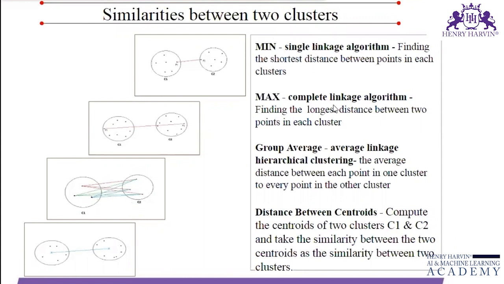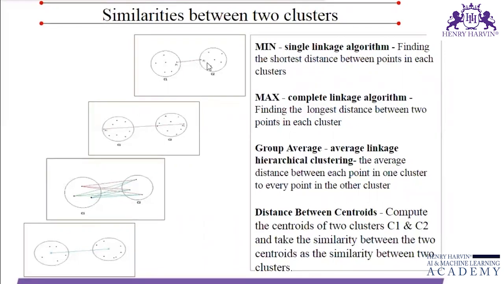When we use the single linkage algorithm, it finds the shortest distance between the clusters, however many clusters you are using. When you are using the complete linkage algorithm, it will calculate the longest distance between the clusters.